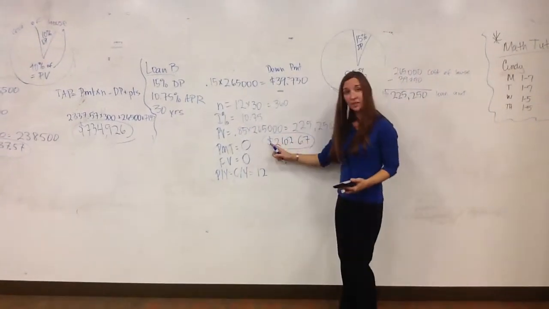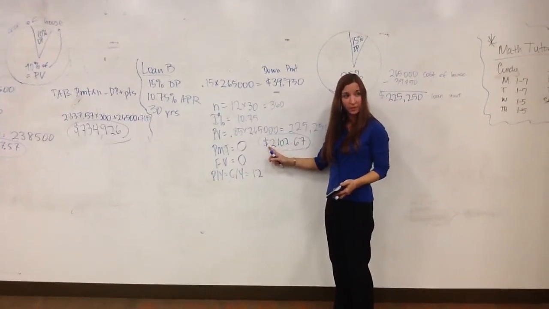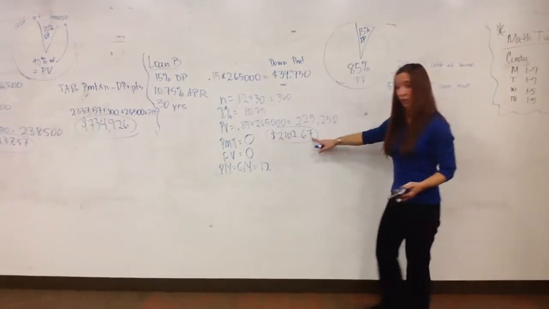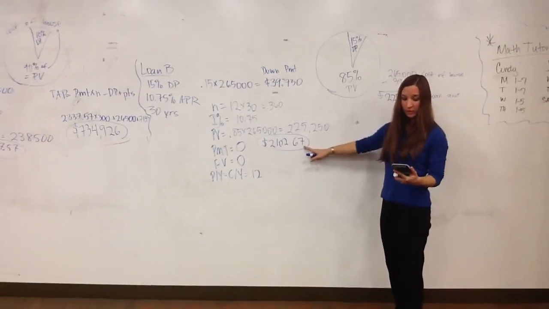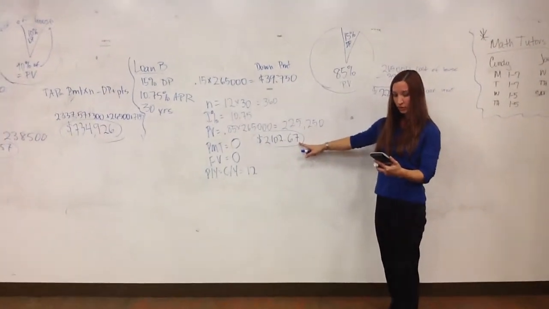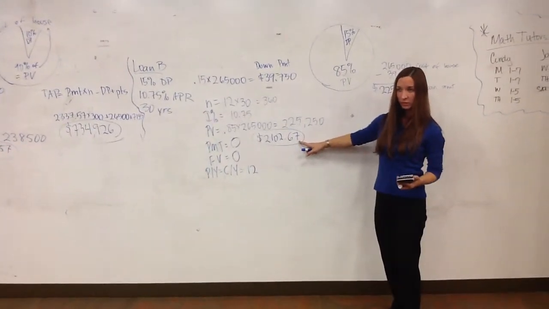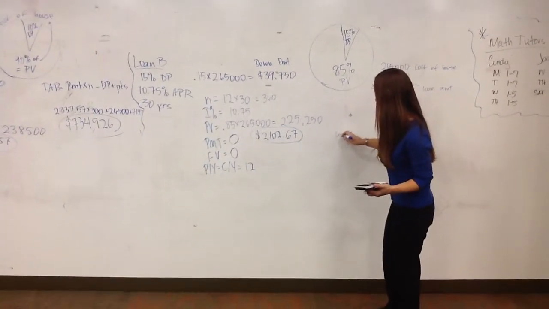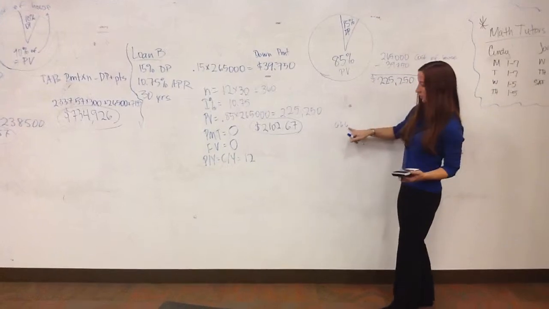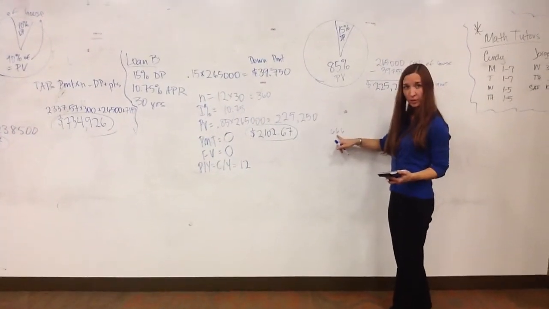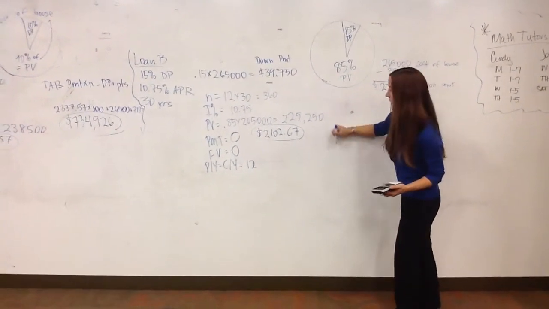Notice I'm not copying the negative sign, I'm putting a dollar sign in its place, because this is money, and I'm rounding it to the nearest cent, because really, my calculator says negative 2102.66667. So that .666, this 6 tells me I gotta round this one up to 7.